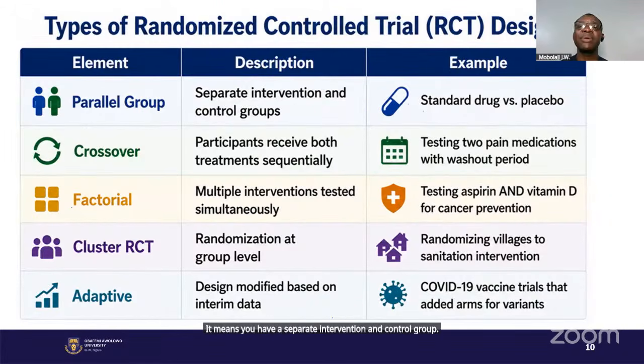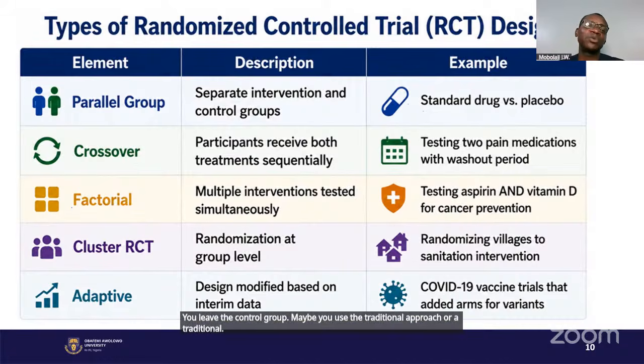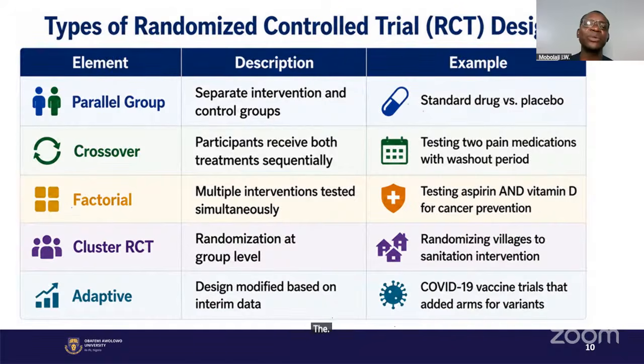So you carry out your intervention on the intervention group, and then you use a placebo, or you leave the control group with the traditional method, or you just allow them to get exposed to the usual situation, while you carry out your intervention on the intervention group.